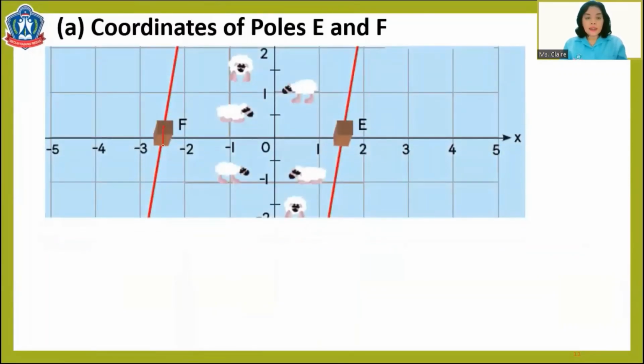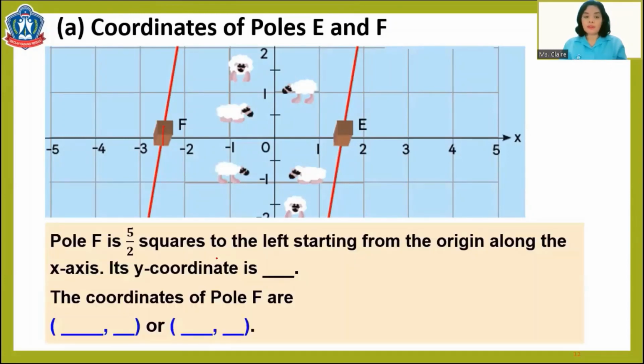F is in the middle of 2 and 3, so the x-coordinate is negative 2.5, or negative 5 halves, and the y-coordinate is 0. The coordinates of pole F are negative 2.5, 0, or negative 5/2, 0.